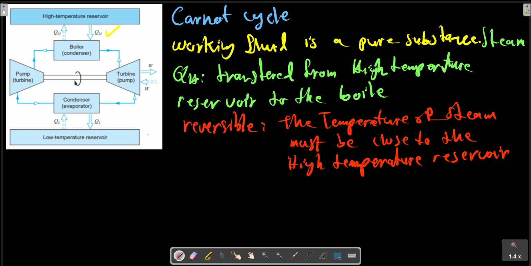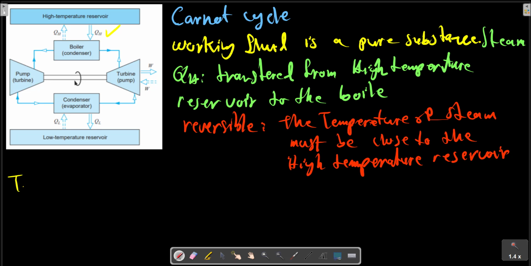In the reversible case, the temperature of the water steam must be only infinitesimally lower than the temperature of the reservoir. This result also implies, since the temperature of the reservoir remains constant, that the temperature of the water must remain constant.